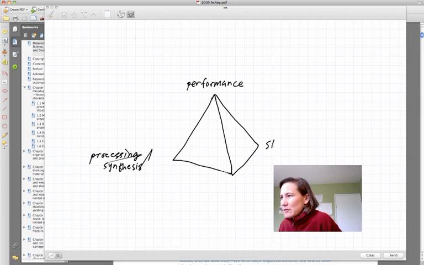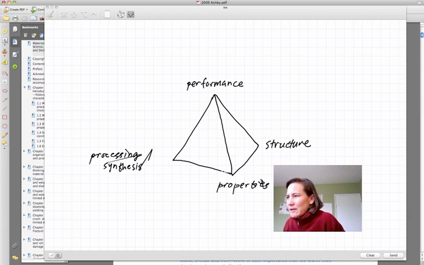Over here, the structure of a material, and then the properties of a material. So what this tetrahedron represents is that there is a relationship between a material's performance, its processing, which is also linked to its properties and its structure.